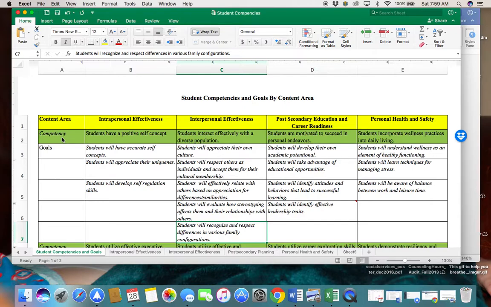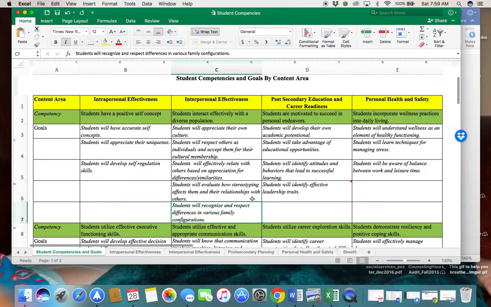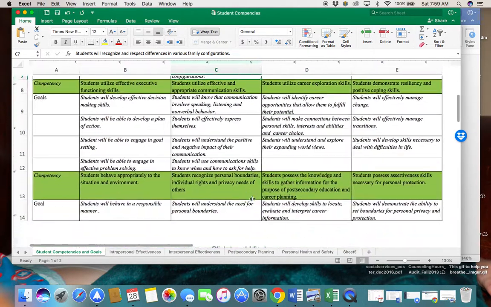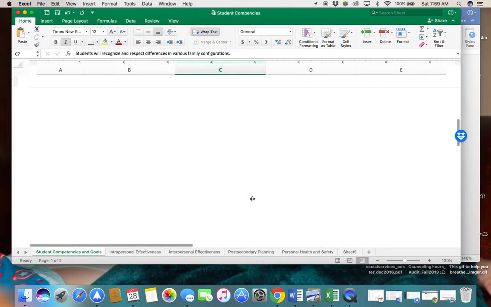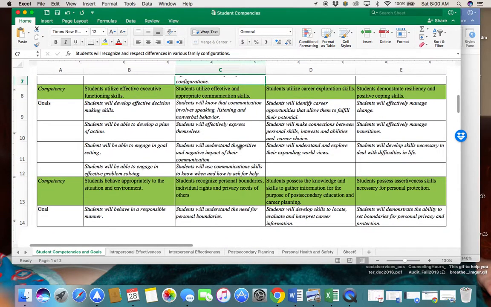The goals are the same across the grade levels as well. So if we look at, let's go to interpersonal effectiveness and let's look for, I thought there was something in there about respect.